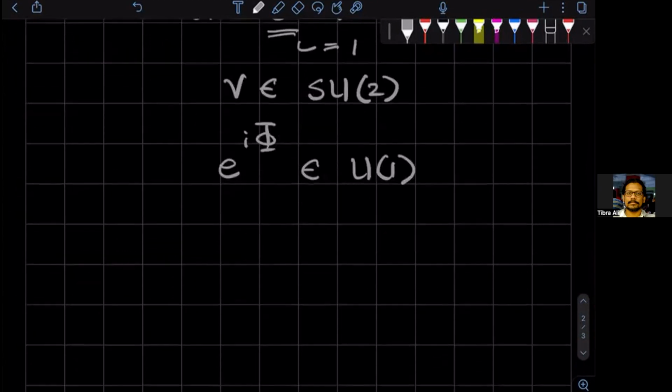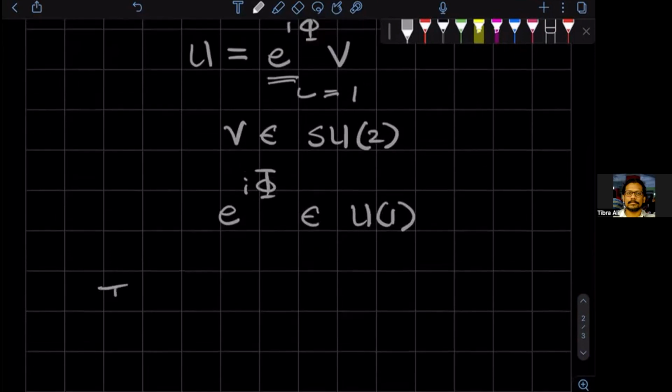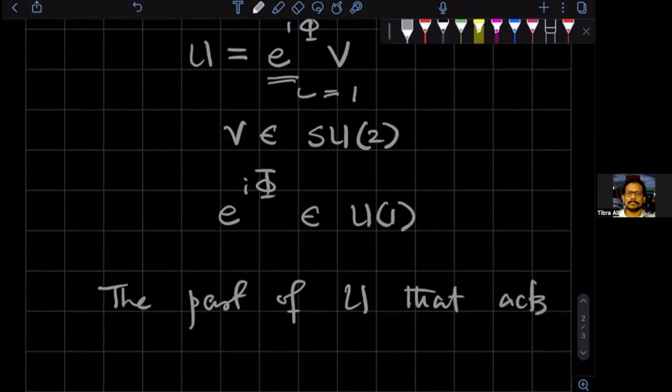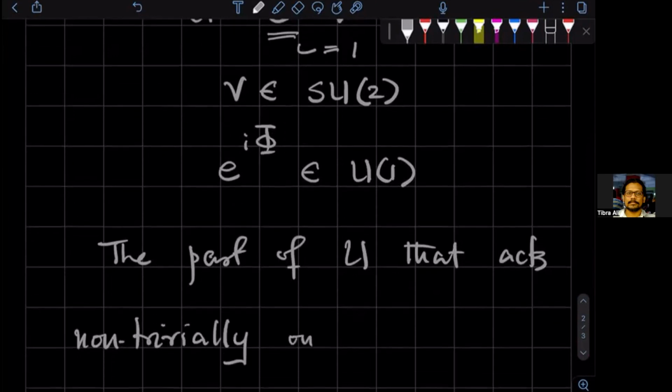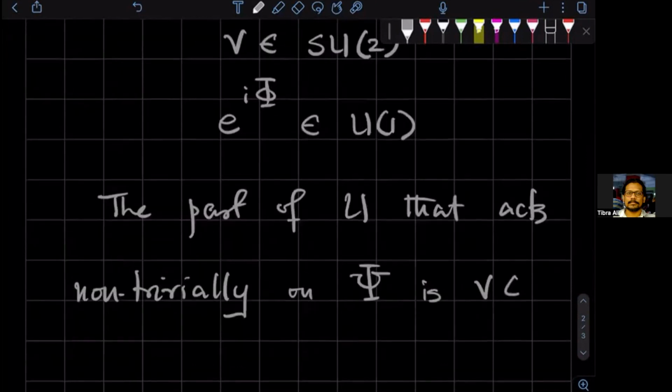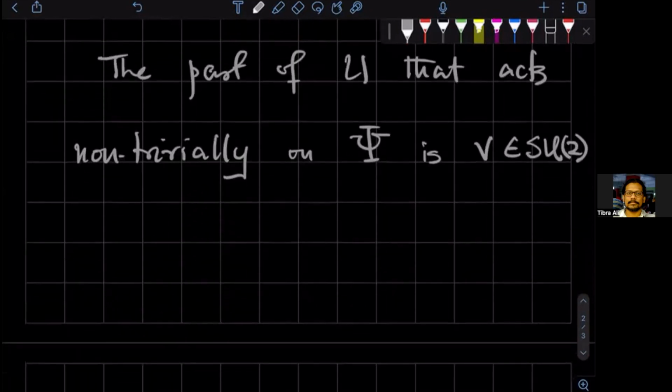So the relevant part of U that acts non-trivially on the wave function psi is V, which is an element of SU2, where S stands for the determinant of the matrix being 1.